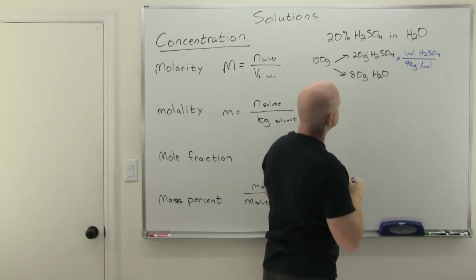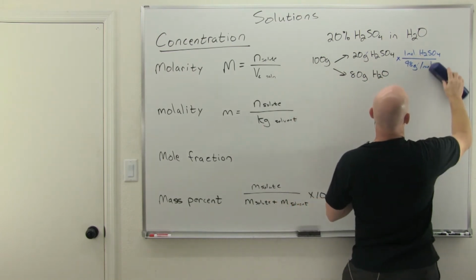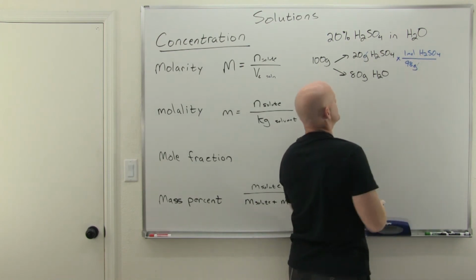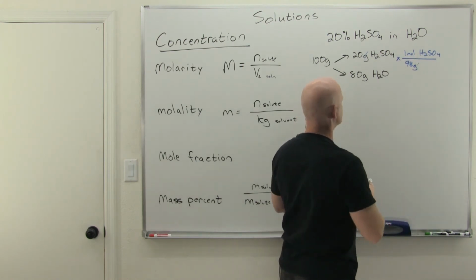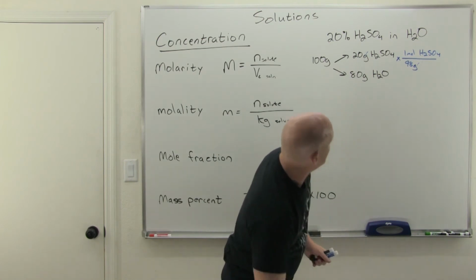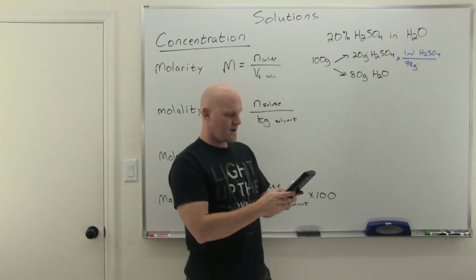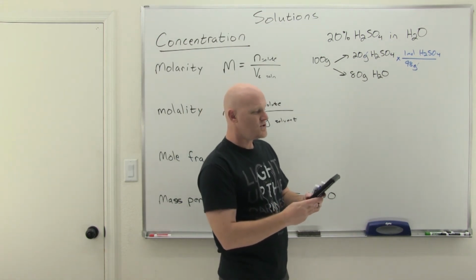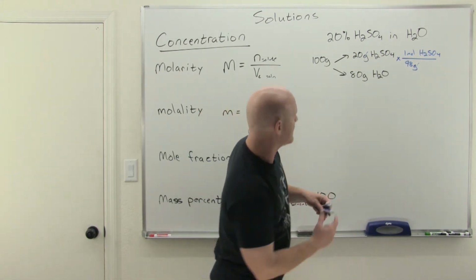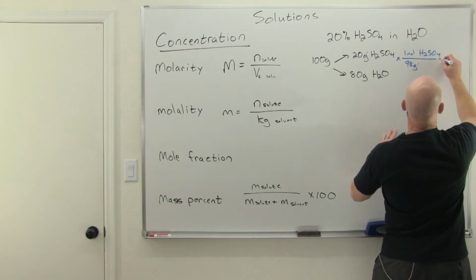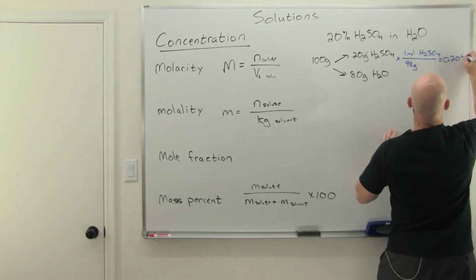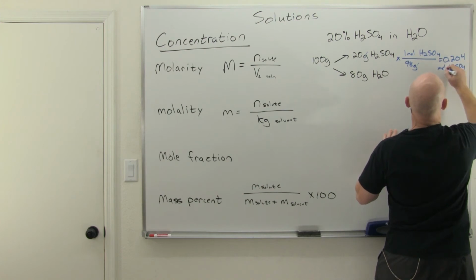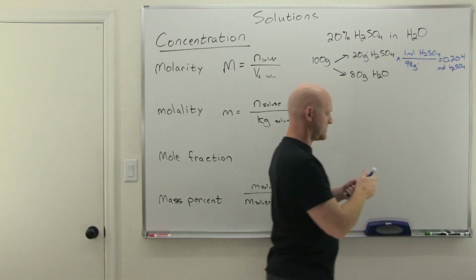The per mole is already implied, so I shouldn't write it there. We'll get an answer in moles of H2SO4. For this we'll need our calculator, so we'll divide 20 by 98 and we get 0.204. I'll leave my rounding till the end. So 0.204 moles of H2SO4.